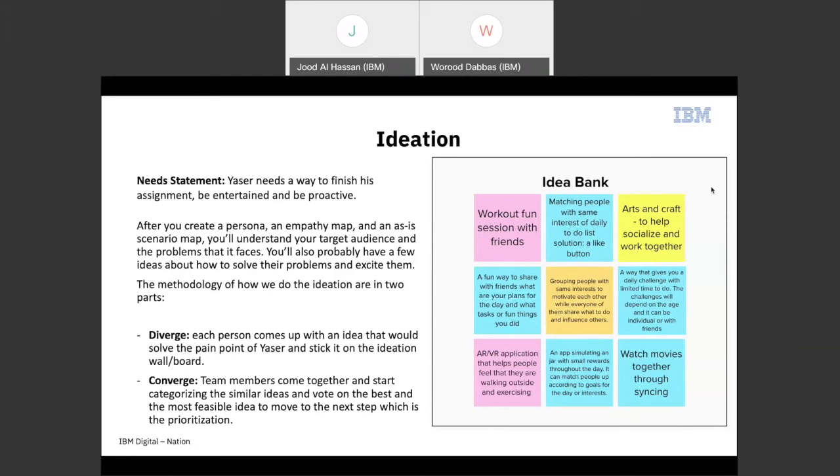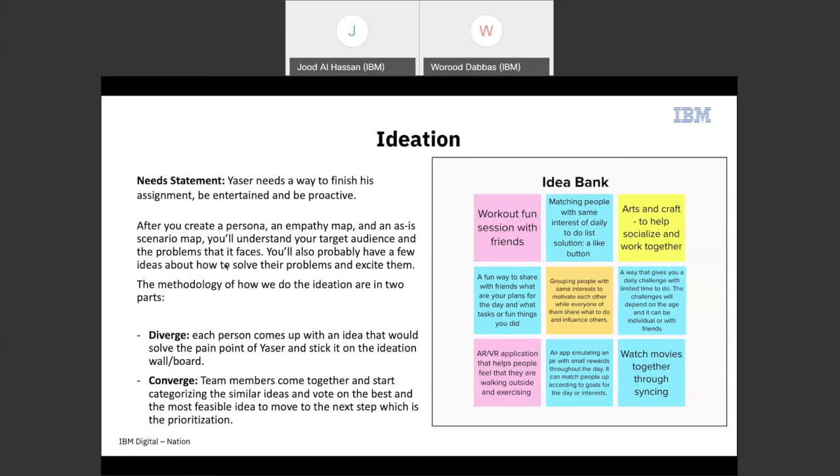Sometimes it would actually be easy to implement, but just try to think out of the box. Okay, so to go back to Yasser's case, we have these ideas that we could come up with.